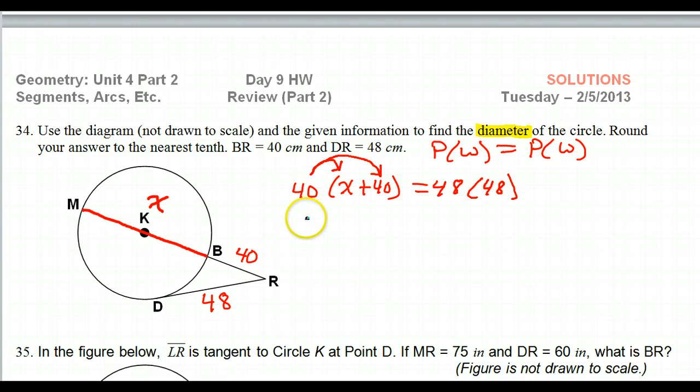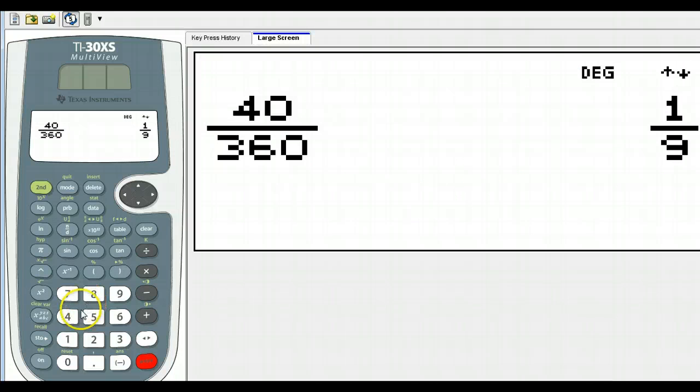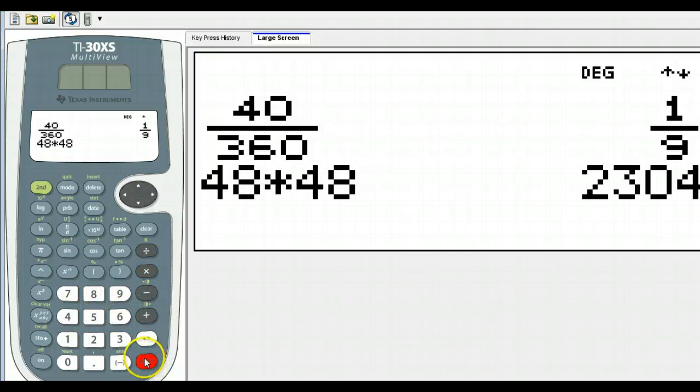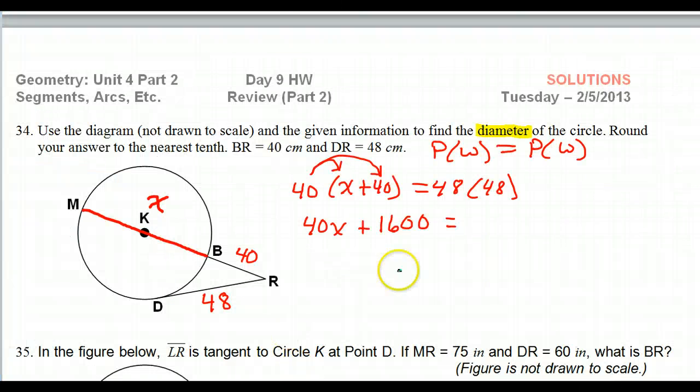So that's going to give me 40x plus 1,600 equals 48 times 48, or I could have done 48 squared. It's equal to 2,304. Okay, so we just need to solve this.